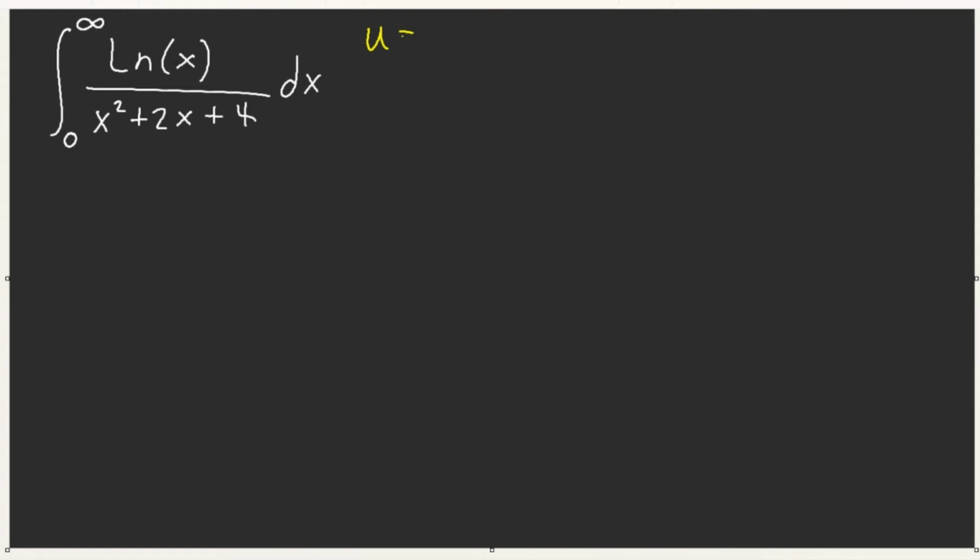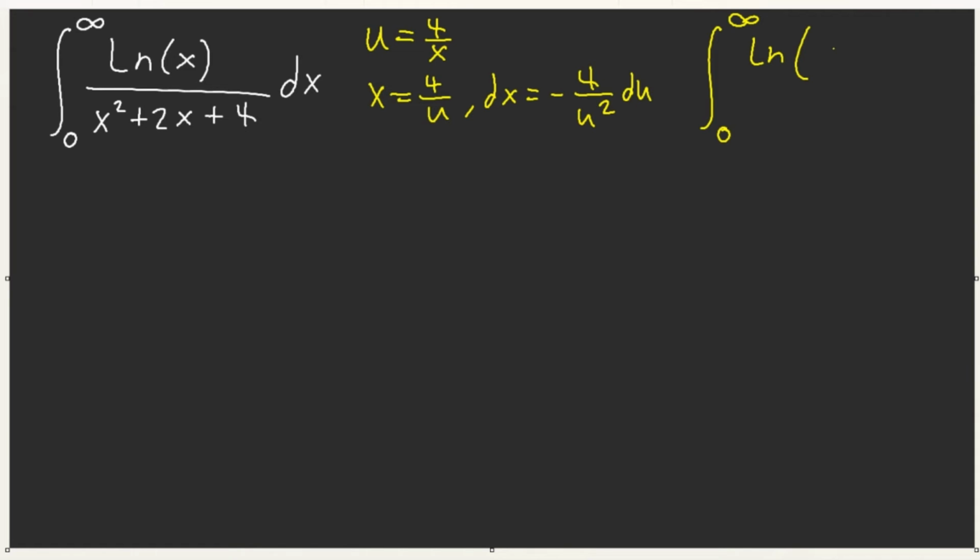u is equal to 4 over x. Then x is equal to 4 over u. dx is equal to negative 4 over u squared. This is just a reminder, that's why I'm writing it down. So for fewer mistakes, you get 4 minus ln of x.